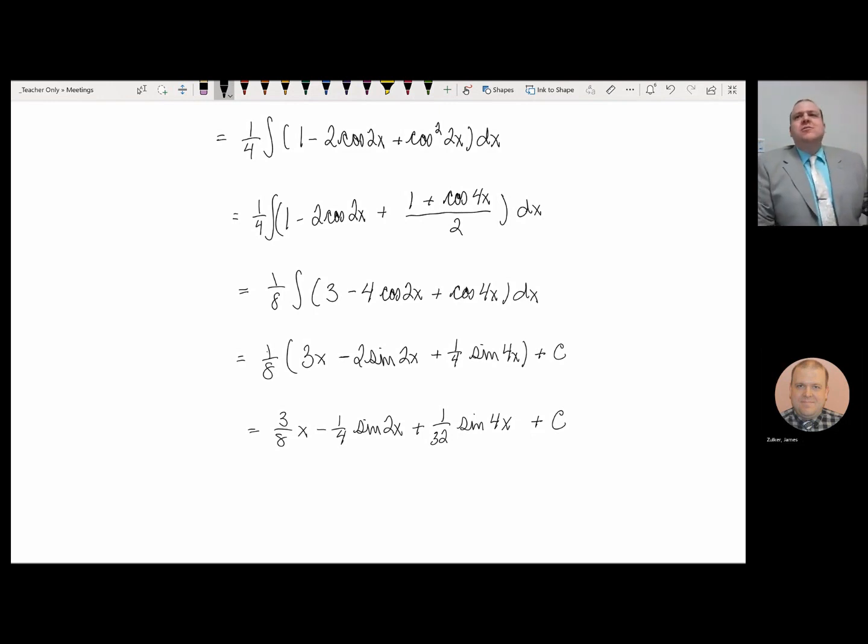I think I do, just to show you how messy it can get. I'm going to try and write it so that it's only x. Right, so I'm going to try and get rid of the 2x and the 4x. Because that's typically what the book does. If you look in the back of the book, that's not the answer they're going to give you. They're going to try and write it all as just x's. Don't ask me why they do that.